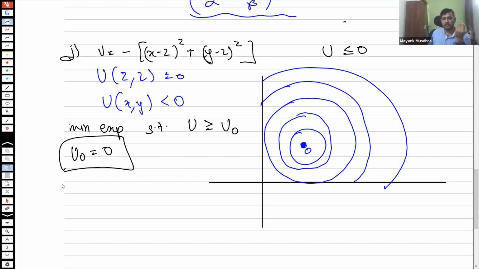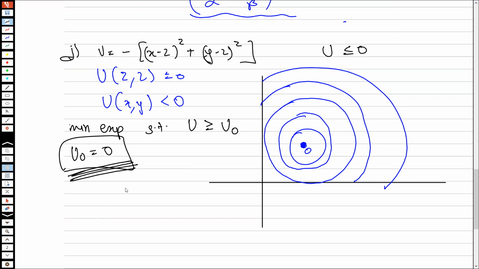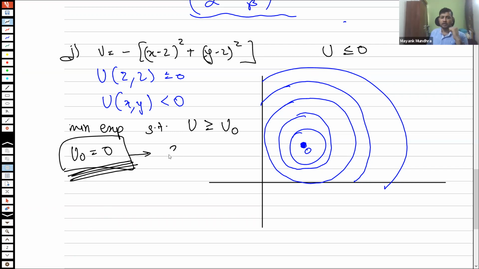Or rather, which bundle will you have to choose to reach utility 0? There's only one bundle here which can make you reach 0. What is that bundle? (2, 2). Yes, (2, 2). So the expenditure to reach 0 is going to be 2px plus 2py. The other thing is, what is the utility at (0, 0)?